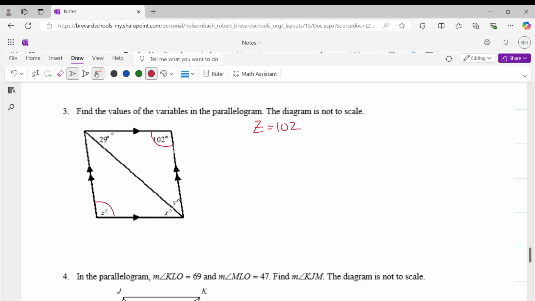Now, since these opposite angles are congruent, this diagonal here splits the parallelogram into two congruent triangles. So this 29-degree angle is congruent to this angle. They're alternate interior angles. So angle X is equal to 29 degrees.